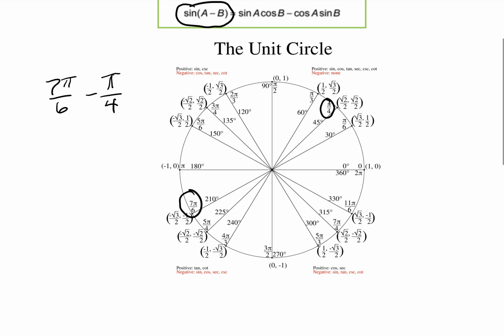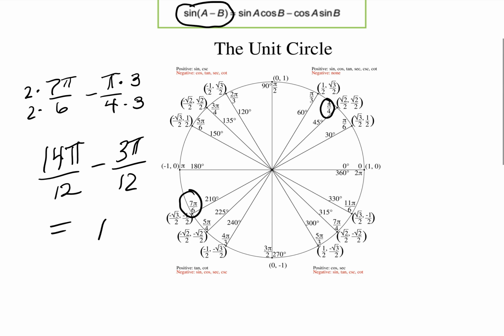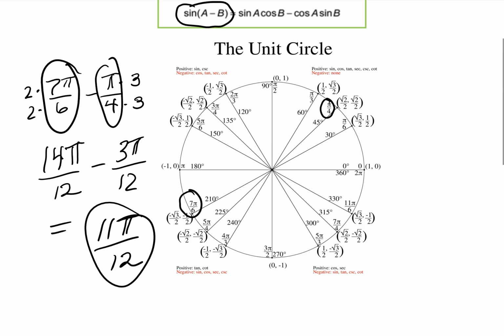I'm going to multiply this one by 2 so that I have a common denominator of 12, and this one by 3 so that I'll have that same common denominator. This gives me 14 pi out of 12 and 3 pi out of 12, which the difference is 11 pi out of 12. So that's what I was looking for, and I'm going to end up using these two numbers right here in order to solve this problem.